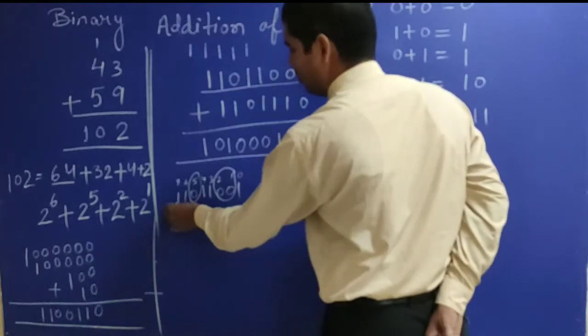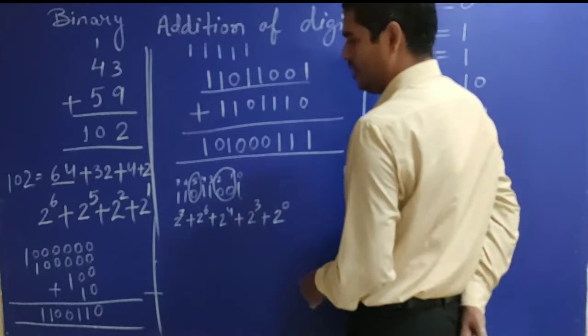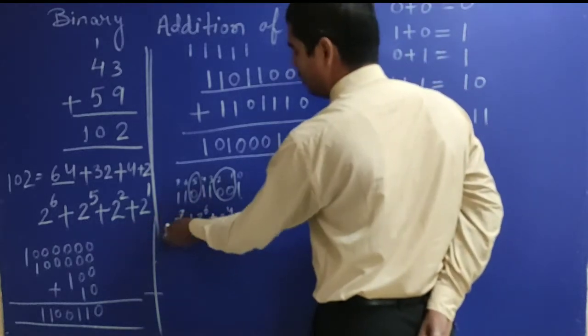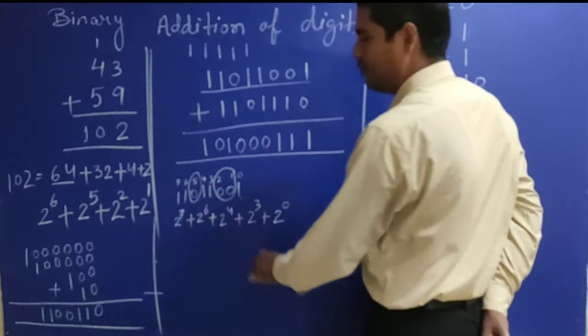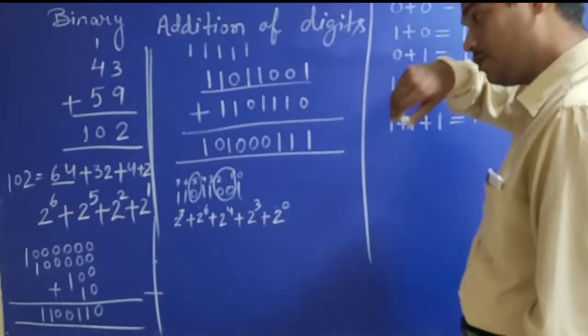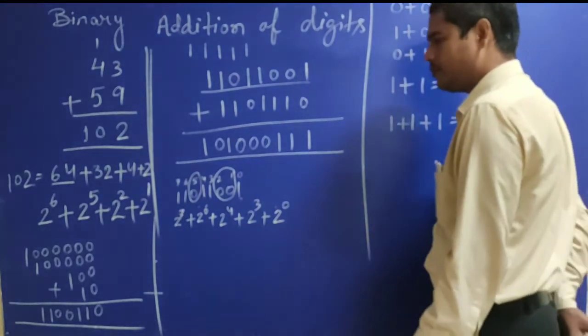Okay, because these digits are multiplied with the number. When we multiply with 1, it will become the same number, and when we multiply with 0, it will become 0. So it should be in our mind.